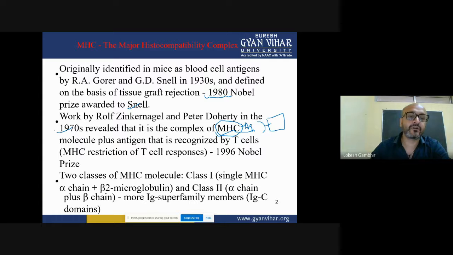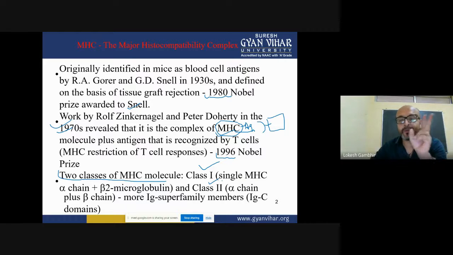For this work, they were awarded the Nobel Prize in 1996. They identified two classes of MHC molecule, class 1 and class 2, whereas these days we are aware that there are three classes, 1, 2, and 3, and we'll be studying all three.